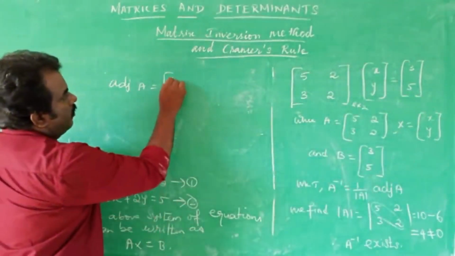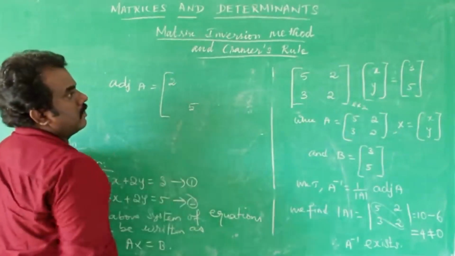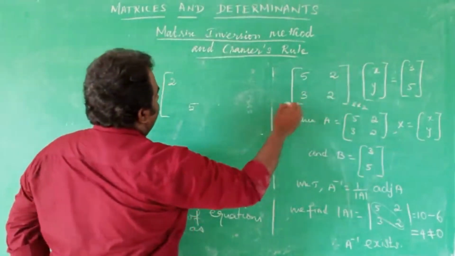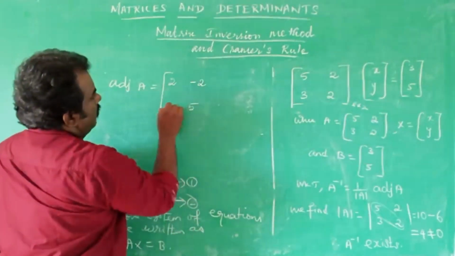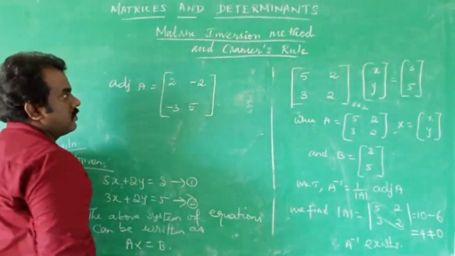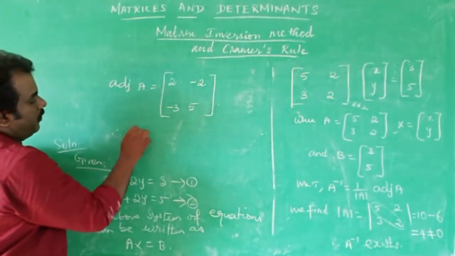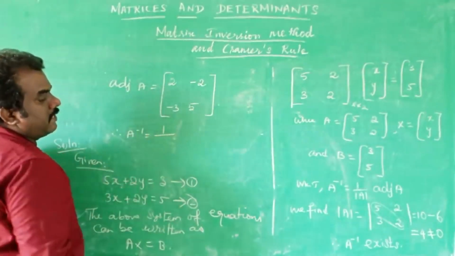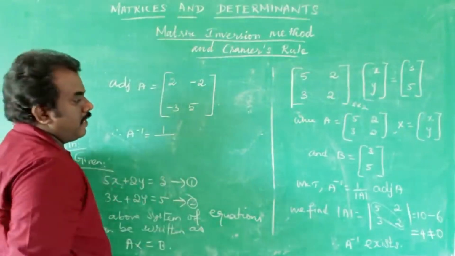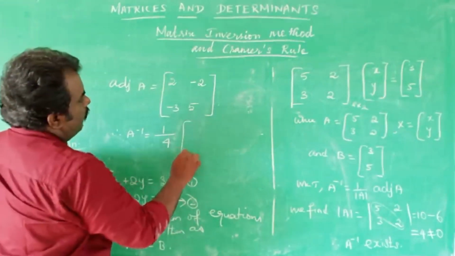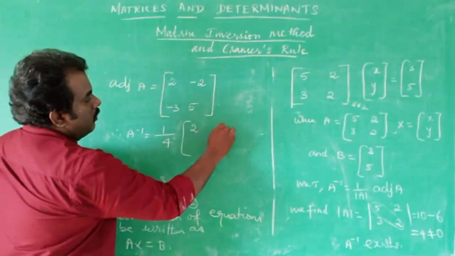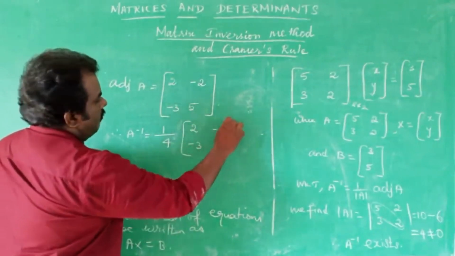Interchange the leading diagonal 2 and 5. Then change the sign of the remaining, that is minus 2, minus 3. Now we found adjoint A. Therefore, A inverse is equal to 1 by determinant A into adjoint A. Our determinant value is 4. So 1 by 4 into the adjoint value is 2, minus 2, minus 3, 5.